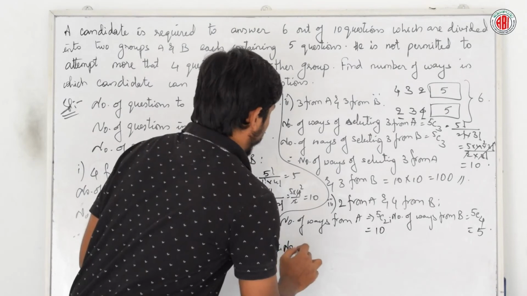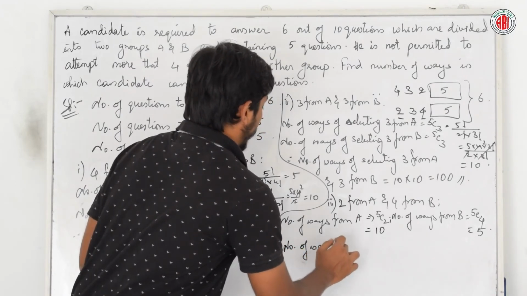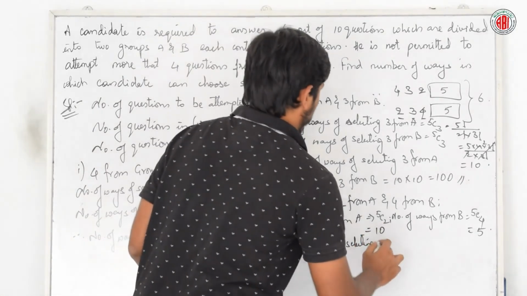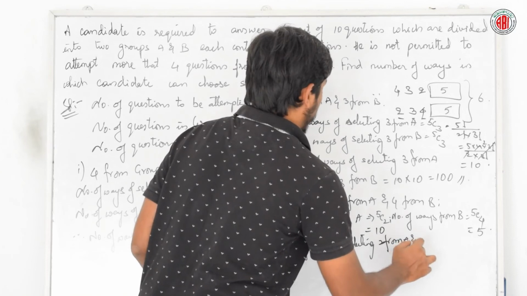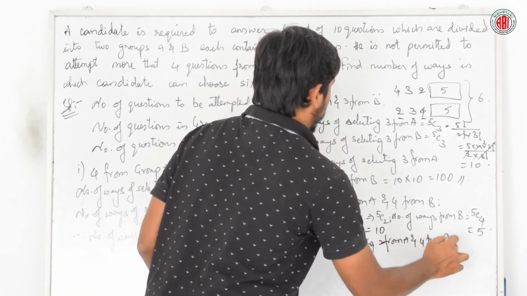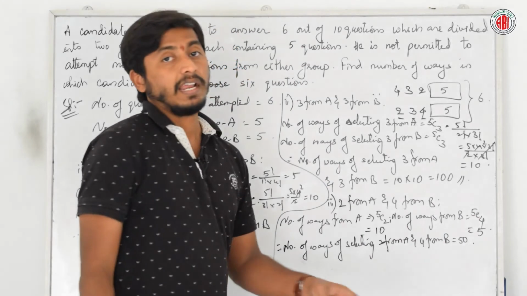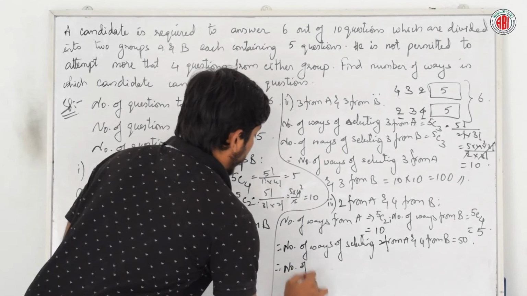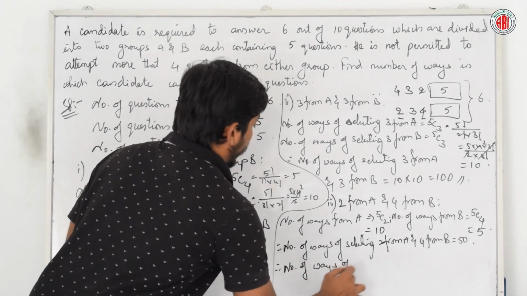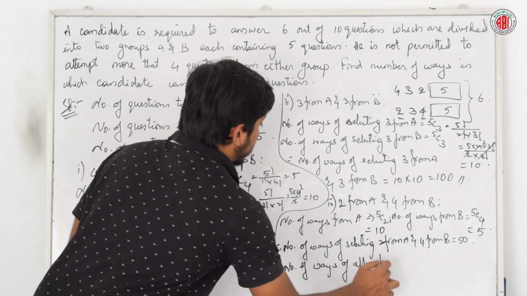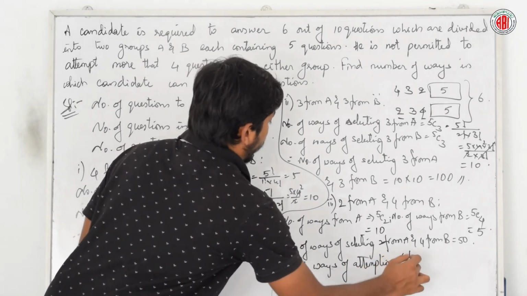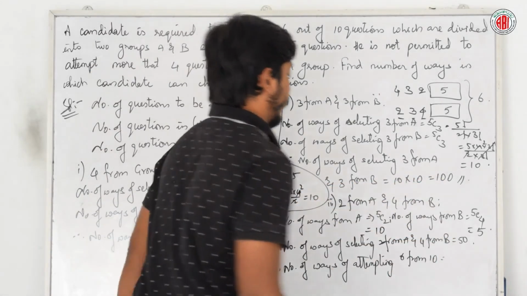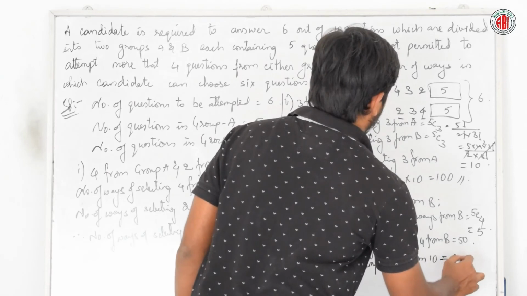Therefore, the number of ways of selecting 2 from A and 4 from B is 50. Right? Now tell me what is the total number of ways. Therefore, the total number of ways of attempting 6 questions out of 10 will be 50 plus 100 plus 50. How much is it? 200.